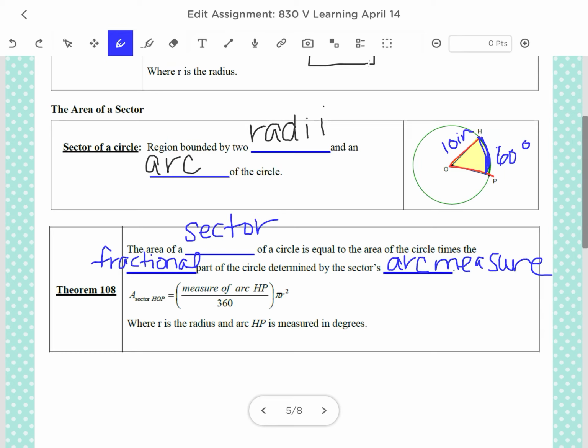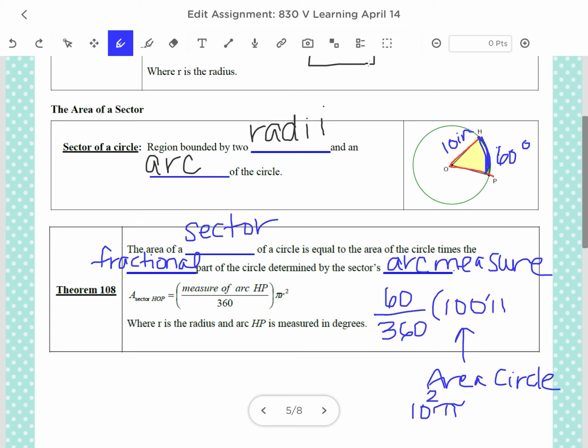In order to find the area of that sector, I'm going to take the measure of the arc, which was 60, put that out of 360, and then multiply it by the area of the circle. Remember again, to find the area of the circle, it's pi times radius squared. The radius of that circle is 10. 10 squared times pi is 100 pi. So we're just going to multiply these, because 60 to 360 is 1/6.